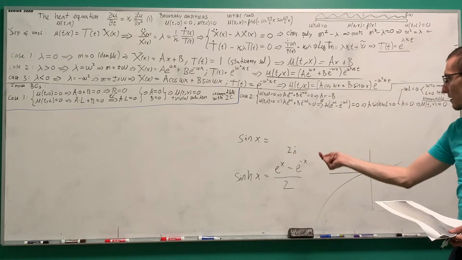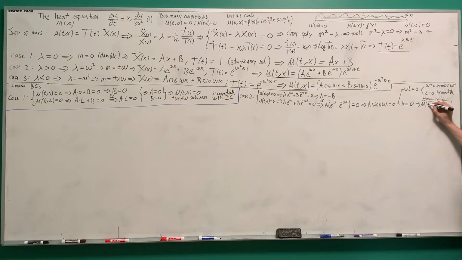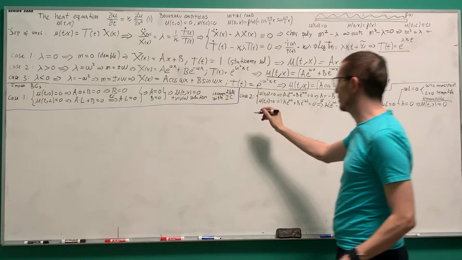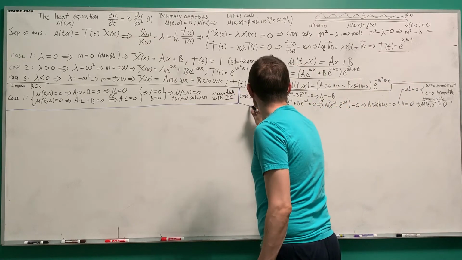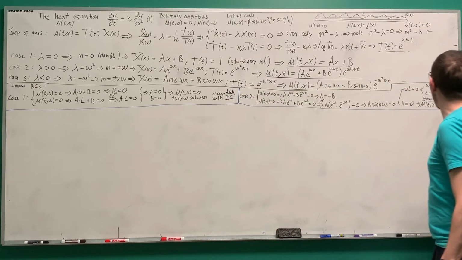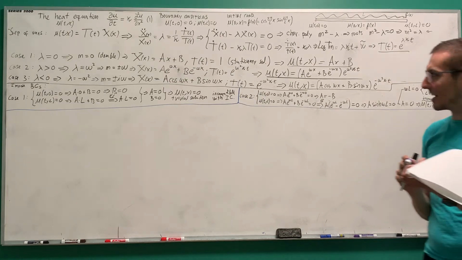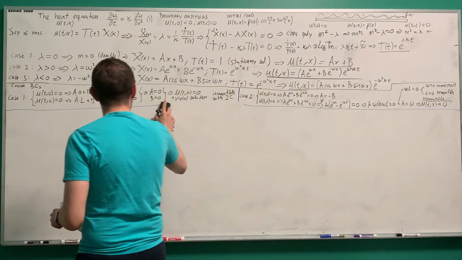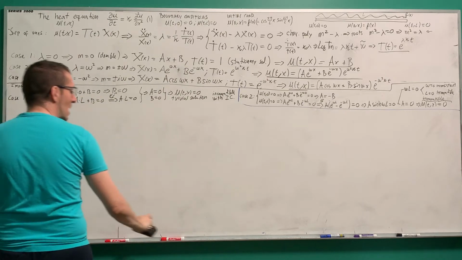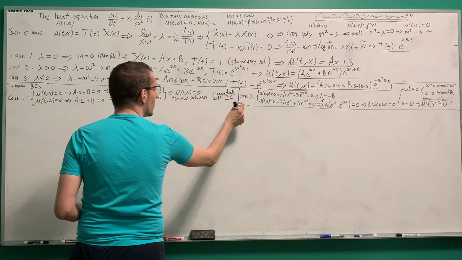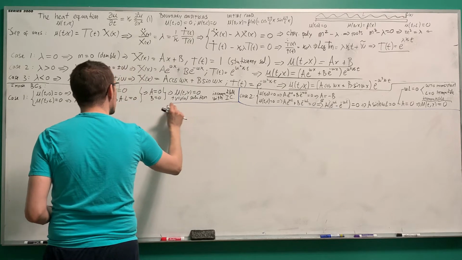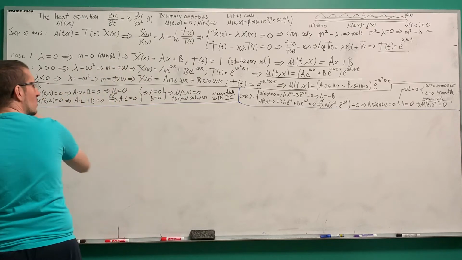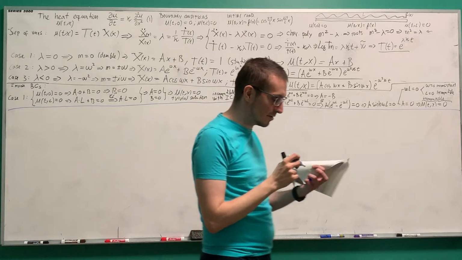All right. So, why did I do that? Let's quickly erase this. And then we found that there are no solutions to this problem coming from case 2. Aha! So math is clever. Math has told us that there are no solutions coming from case 1 where lambda is 0, and there are no solutions coming from case 2 when lambda is larger than 0.